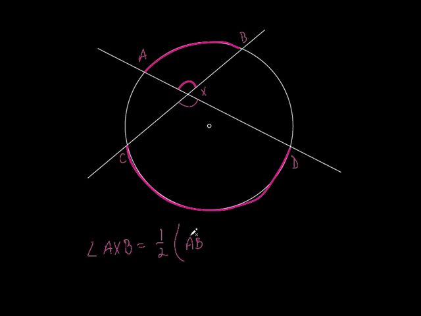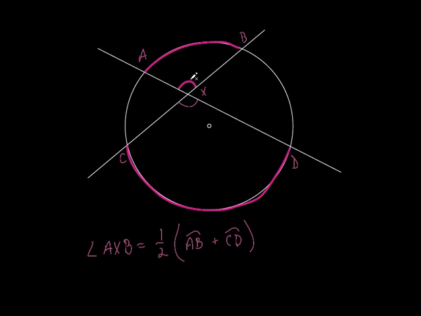So arc AB plus arc CD. So again, you take the two arcs that are highlighted right here, you add them up, you take half of them, and that's what this angle is. It's basically kind of like the average, isn't it? This angle is kind of like the average of those two arcs. Yes?